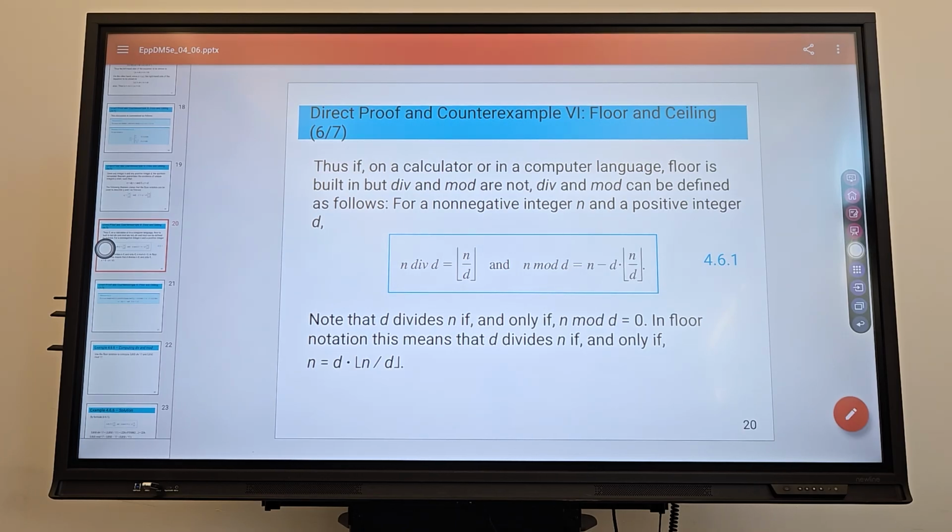Note that d divides n if and only if n mod d equals 0. In floor notation, this means that d divides n if and only if n equals d times the floor of n divided by d.